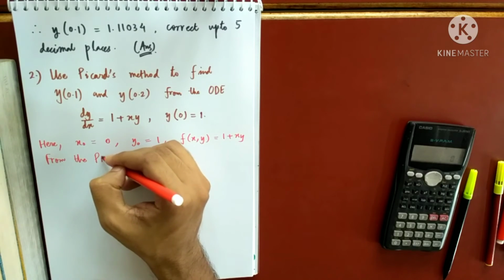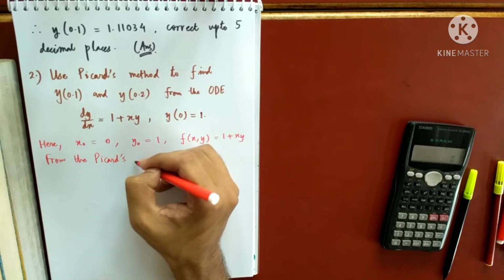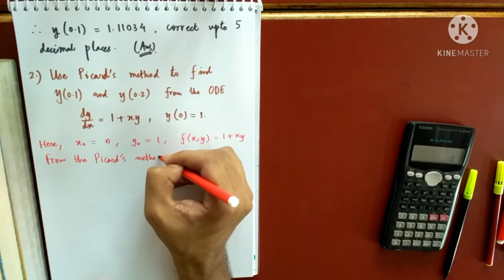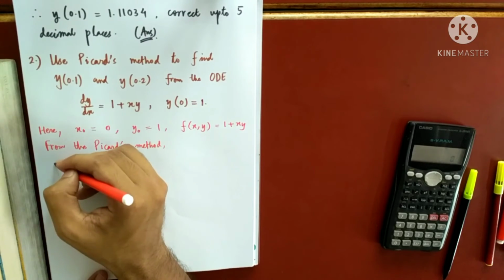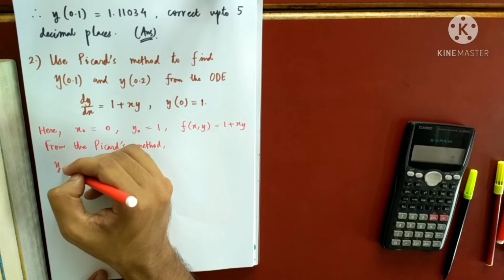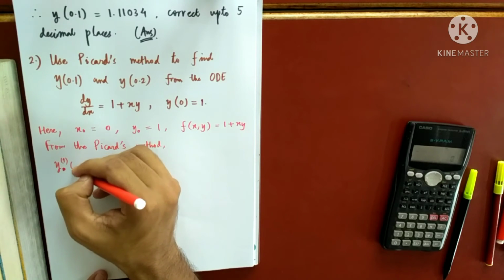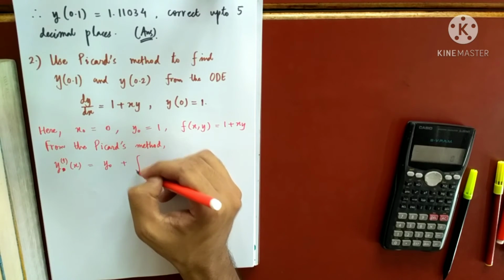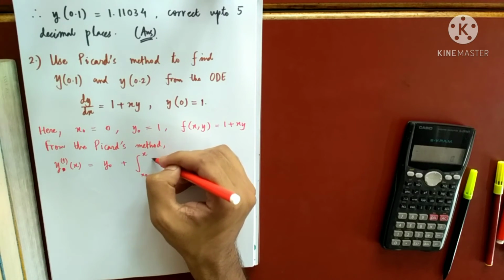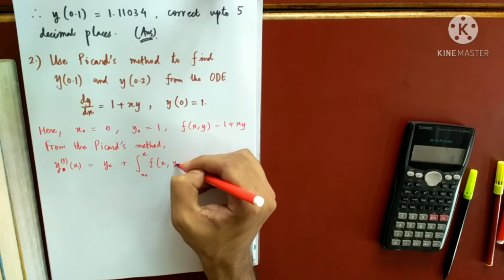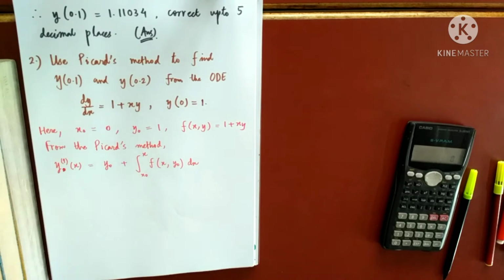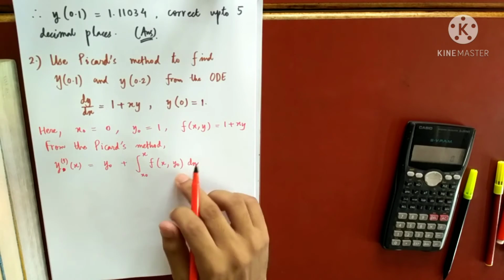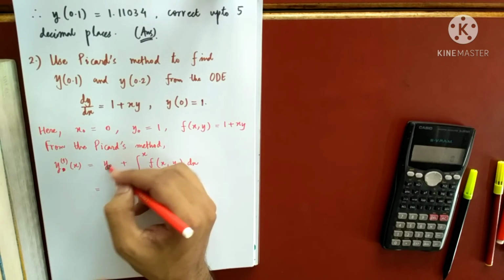By Picard's method, I'll start with the first approximation. y1(x) is y0 plus the integral from x0 to x of f(x, y0).